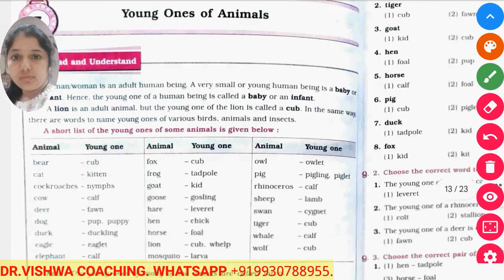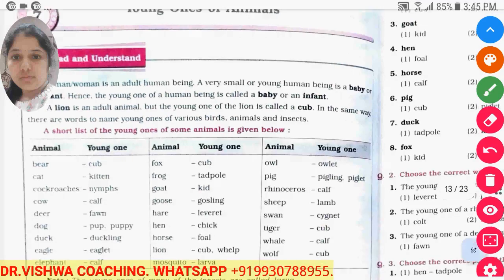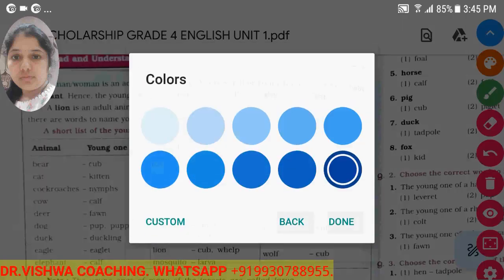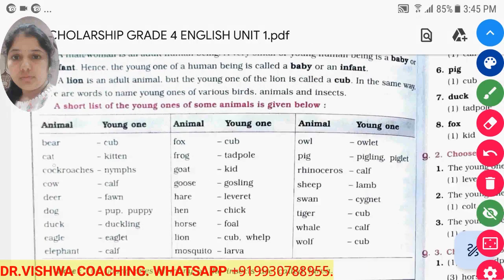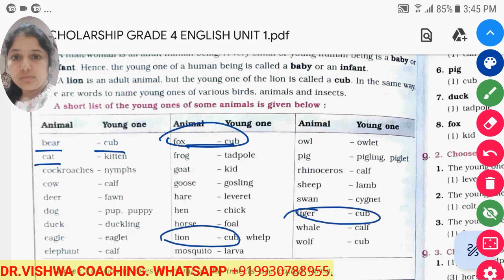Now some young ones of animals we are learning since our nursery or junior senior KG. So you all know what the young one of a bear is known as, what the young one of a cat is known as. A bear's young one is known as cub, a fox's young one is cub, a lion's and tiger's young one is also cub. A cat's young one is kitten, cockroach, nymphs, cow, calf.